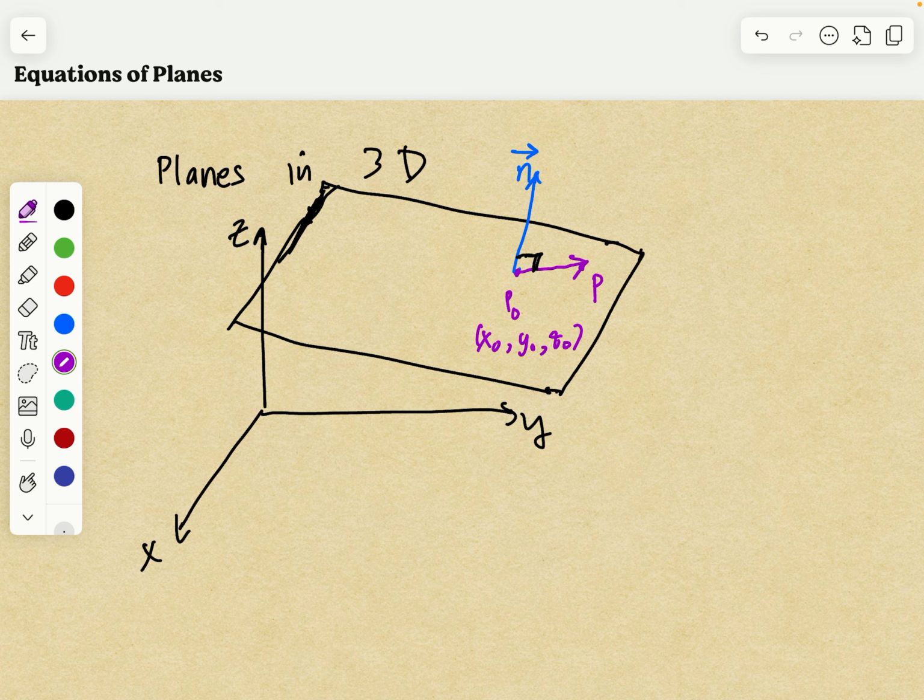And you have a vector that's perpendicular to the plane, then no matter what point P you have, whatever x, y, z, if you're on the plane, if you take the vector from P0 to P, the vector n should be perpendicular to all the vectors from P0 to P.